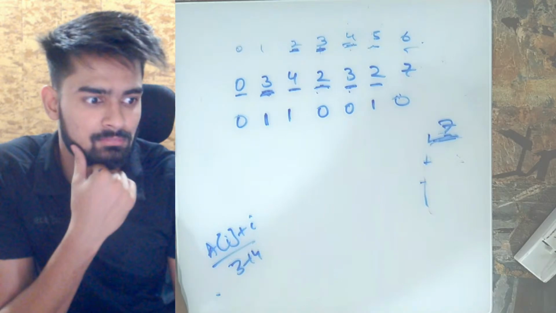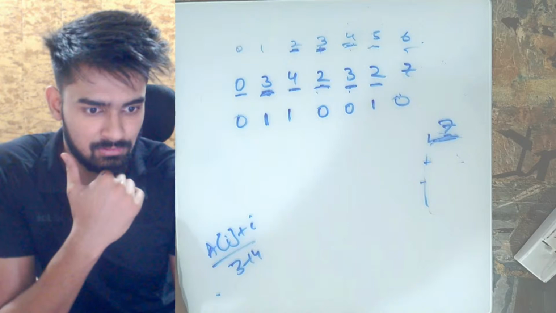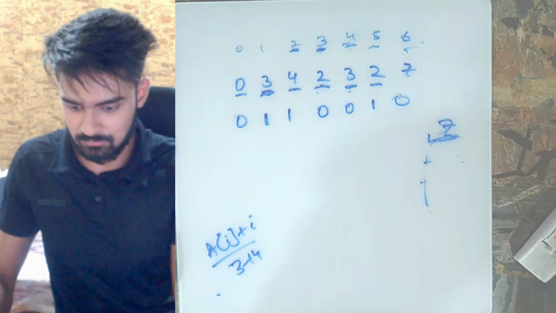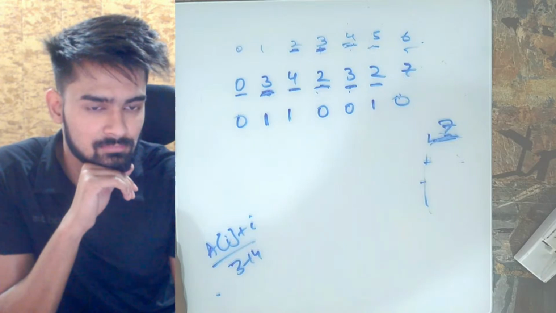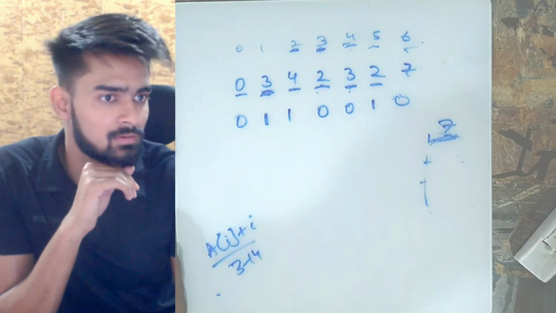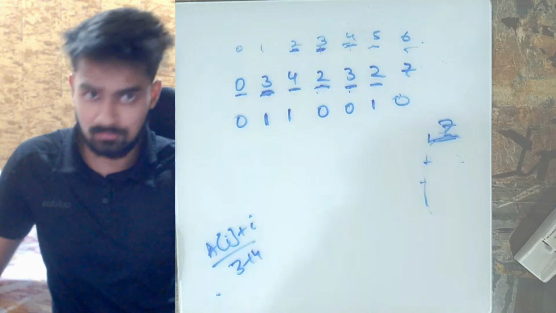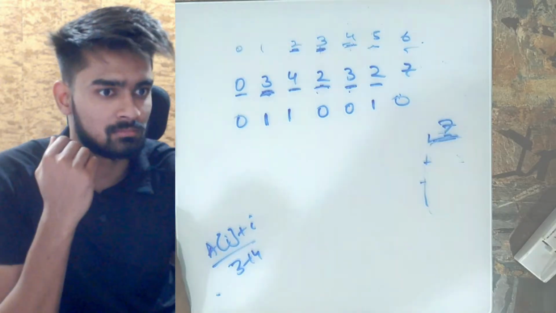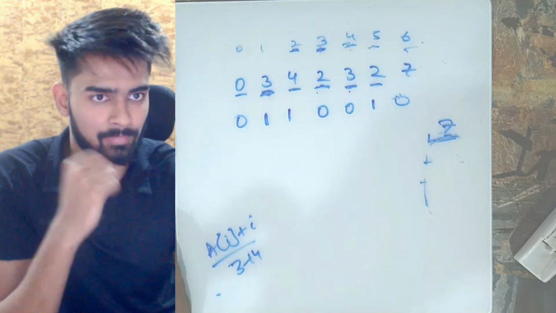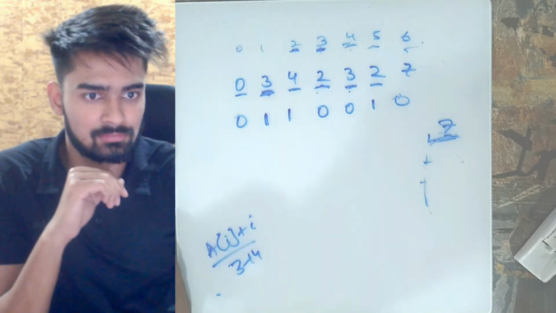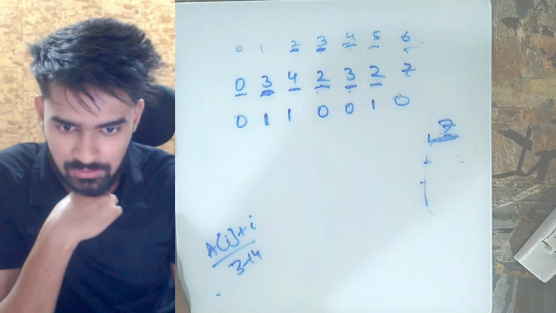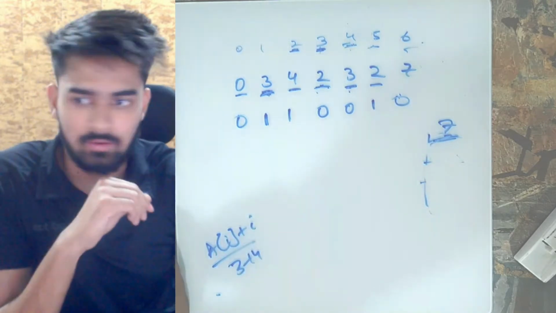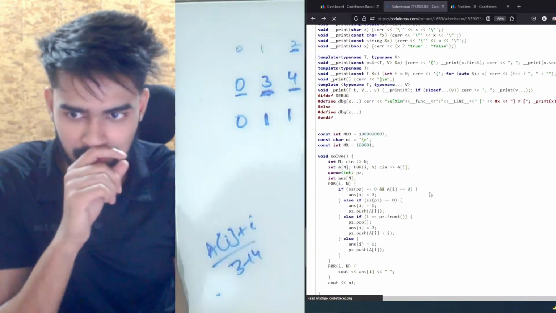This is exactly what this person is doing. The last two digits are 1 and 0. Okay, so this is the code.